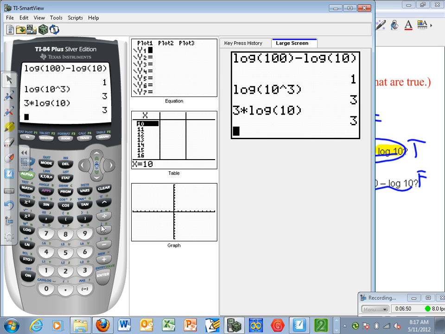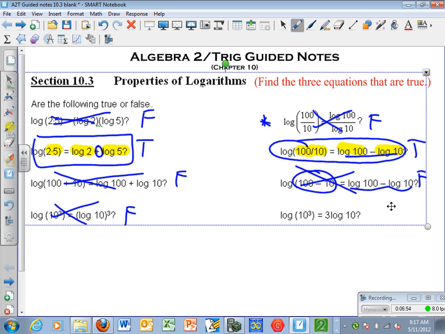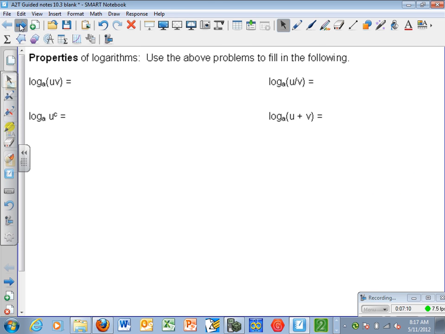And that's 3. So those two are equal. So kind of in summary here, we know that one's true. What really happens is if you have the log of something to a power, the rule is the power goes down in front and is multiplied by the log of the base. Okay, and we're going to summarize those in this next step to define the properties of logarithms.